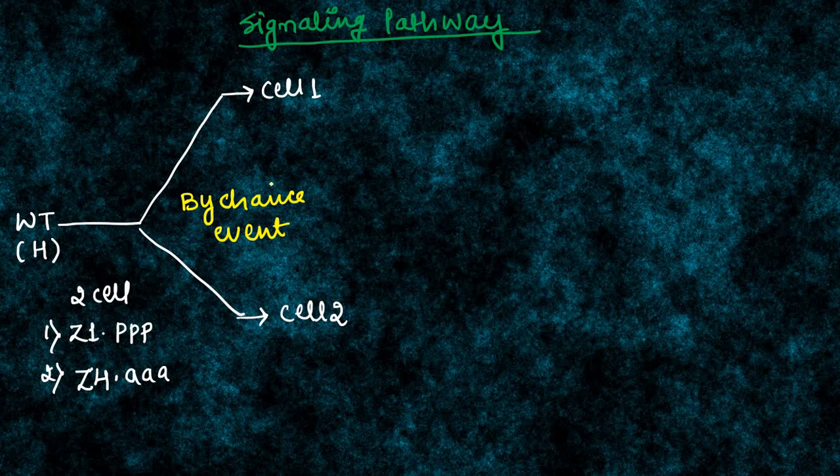Let's assume, just for the assumption, that cell 1 gets activated first. Cell 1 has got the chance to get activated at the very initial time. So it will start producing lag-2.